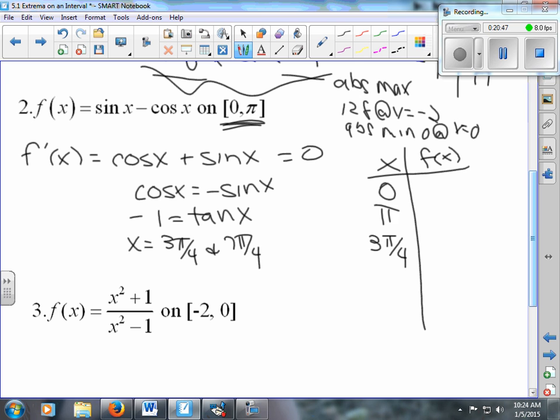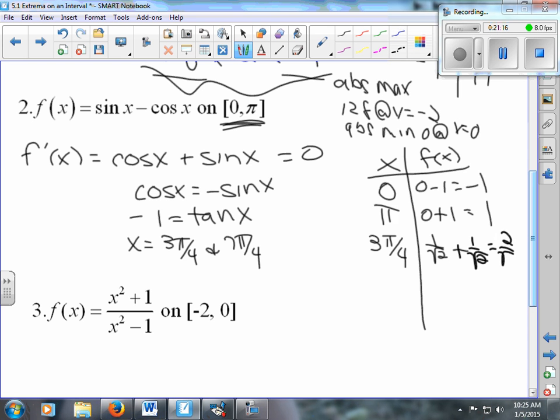So the sine of 0 minus the cosine of 0, that would be 0 minus 1, which is -1. When I plug in pi, I get the sine of pi, which is 0, minus the cosine of pi, which is -1. So 0 minus -1 is +1. When I plug in 3 pi/4, the sine of 3 pi/4 is 1 over radical 2, minus the cosine of 3 pi/4, which is -1 over radical 2, so that's 1 over radical 2 plus 1 over radical 2.